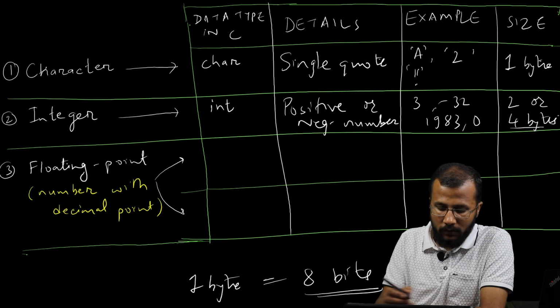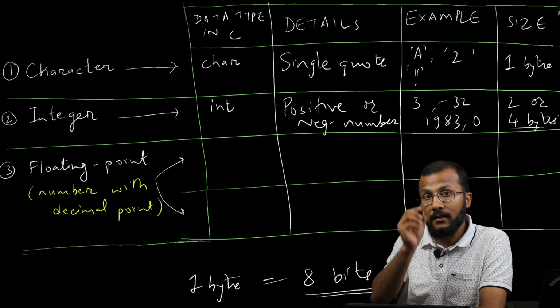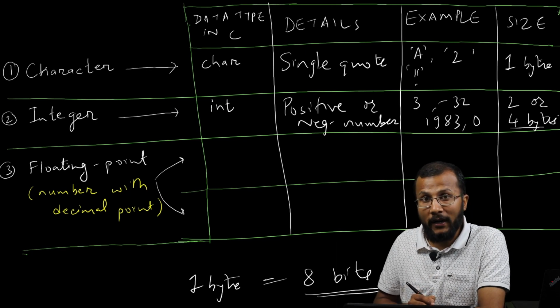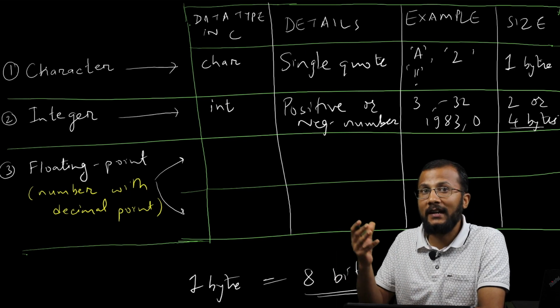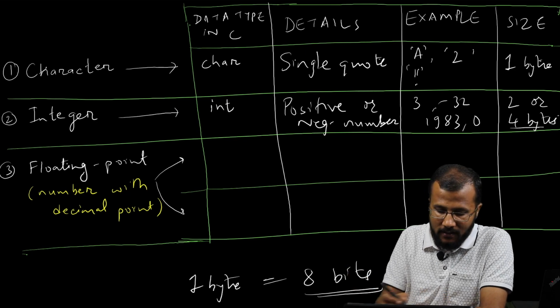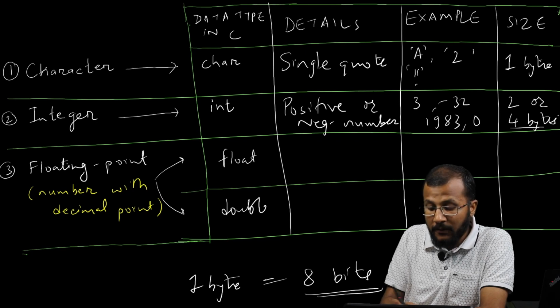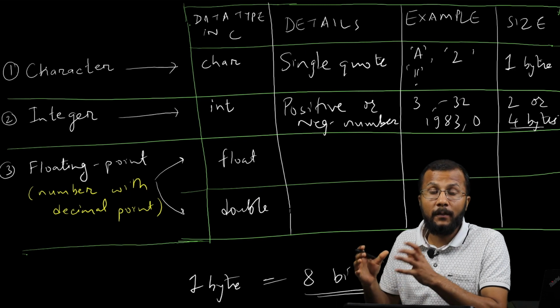Now let's talk about the third one, the floating point number. It is a number that has a decimal point and decimal value, like 13.3, 16.9 and all those floating point numbers. There are two variations of it. The first one is called float and the other one is called double. The difference between float and double is the precision.